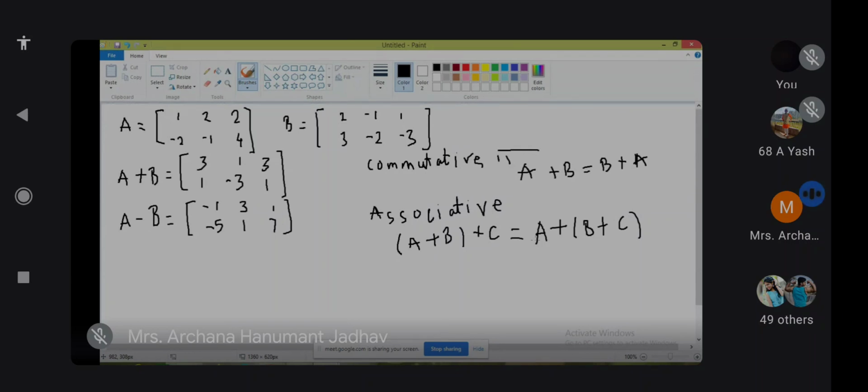So here one example is given for these laws, commutative and associative. We take this example.